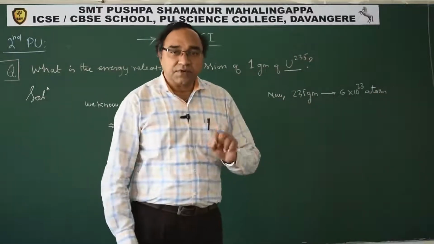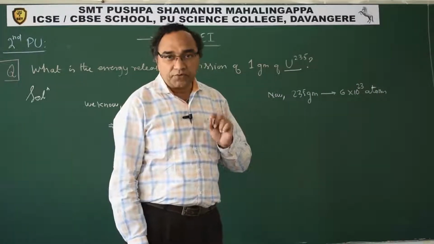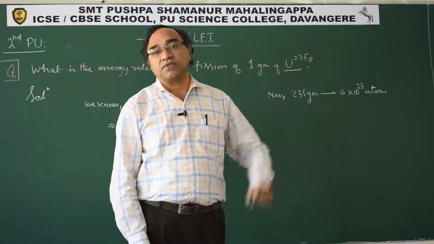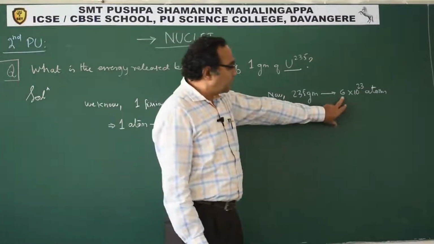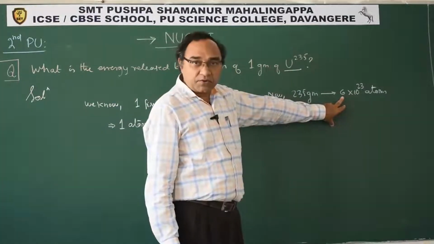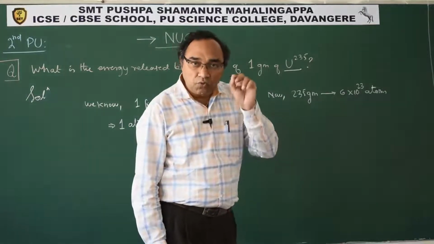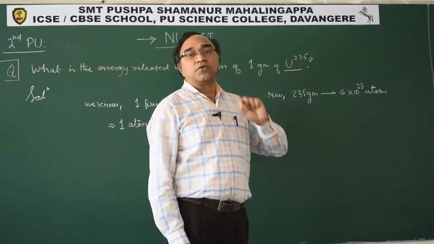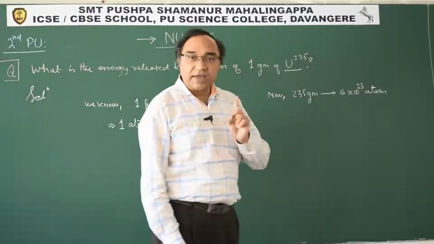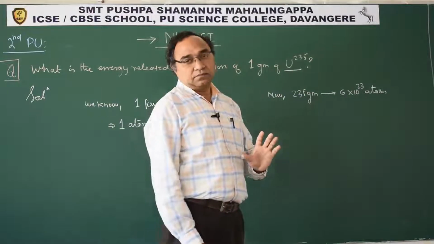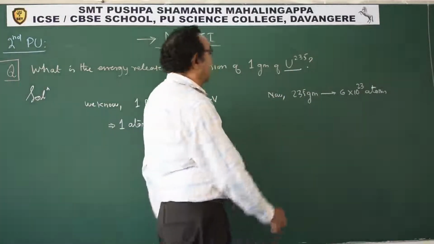Students, please concentrate. Here I am using, instead of 6.023 into 10 power 23, which is the Avogadro's number, 6 into 10 power 23 atoms for calculation purpose. You can use 6.02 into 10 power 23 atoms as well.